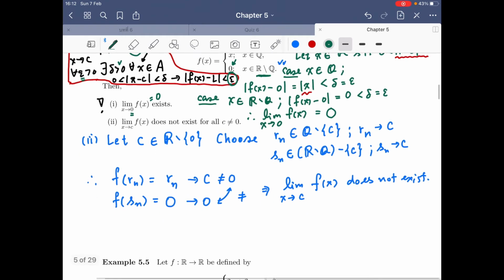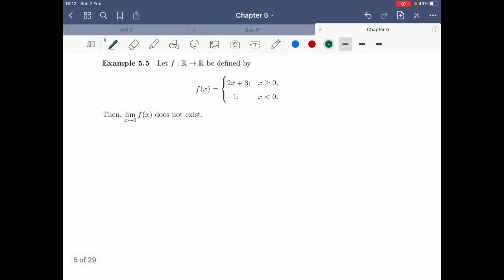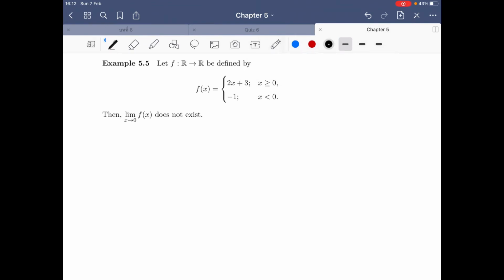So let us go over this last example for this clip. We have a function f from the real numbers to the real numbers, defined by 2x plus 3 if x is non-negative, and -1 if x is less than 0.